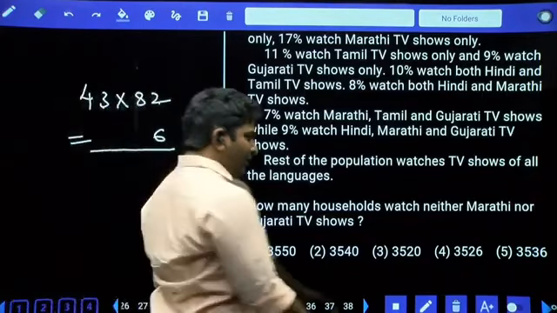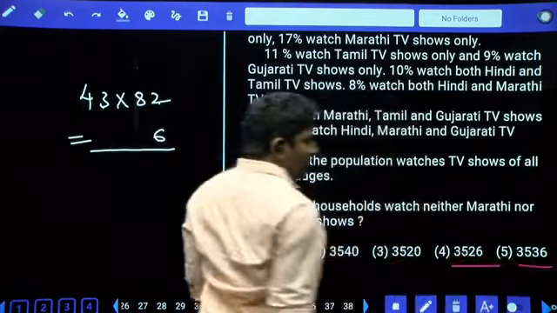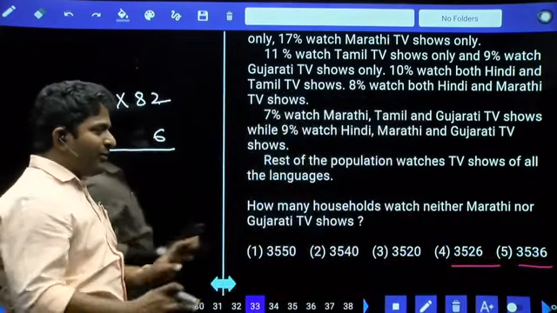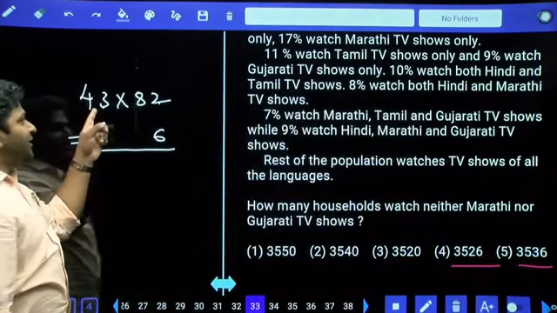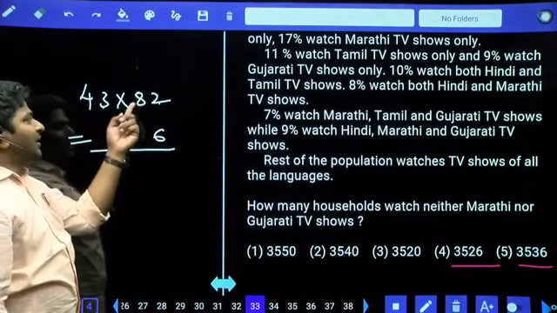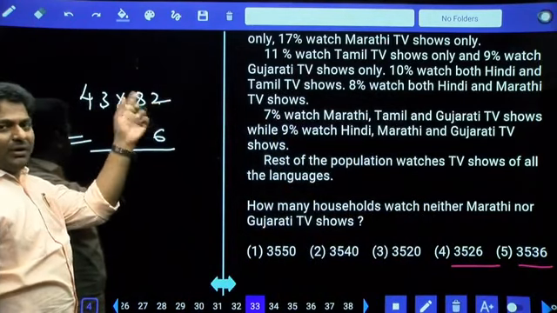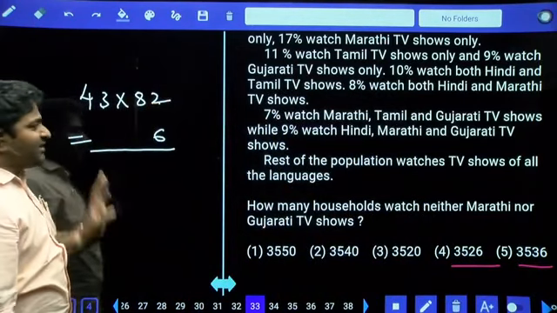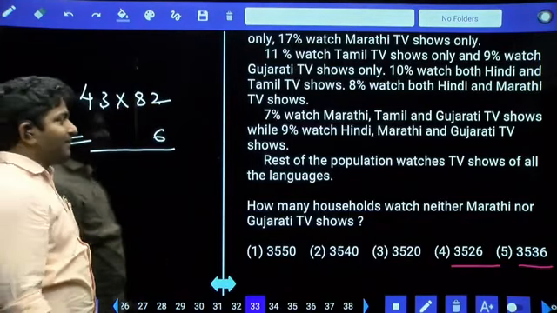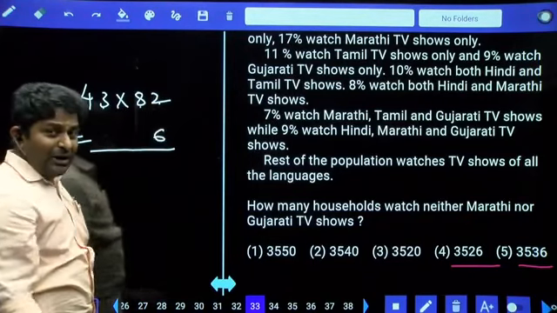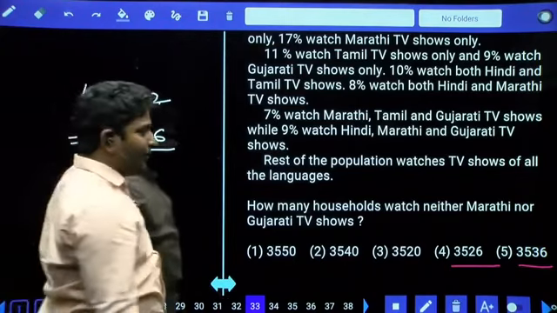How many options are there? There are two options here. So when there are two options, I want to eliminate one option. 43 is a prime number. 82 is 2 into 41. Again, 41 is a prime number. So you can decide that it is only a multiple of 2, not even a multiple of 4.